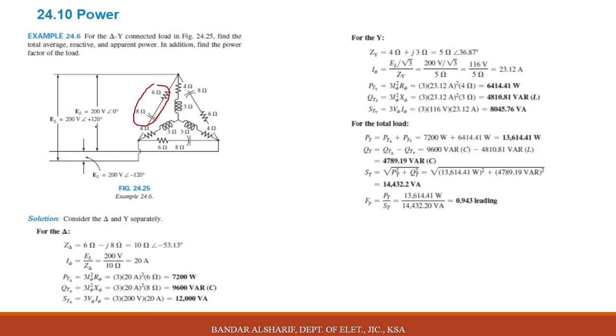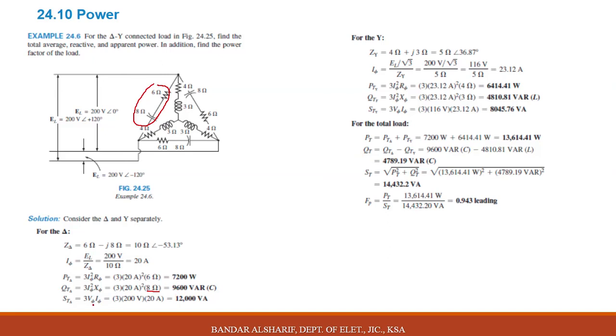Total power, you will multiply 3 by I squared R: 3 multiplied by 20 squared multiplied by 6 is 7,200. The reactive power is similar, 3 I squared X. Here the X is 8. You will get 9,600 var.